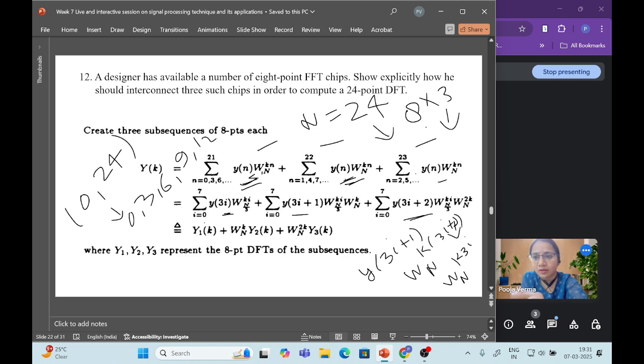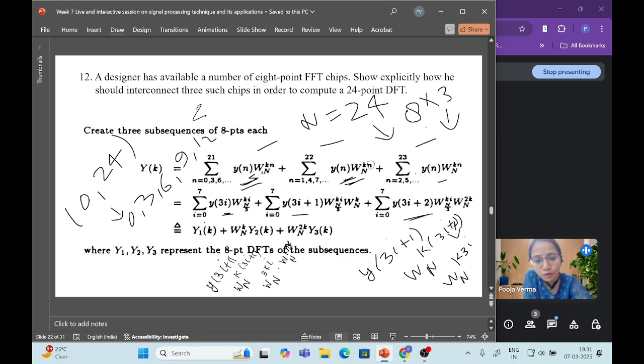Just putting in place of n we are putting 3i plus 1, right? So W_N^{3ki} into W_N^{k}.